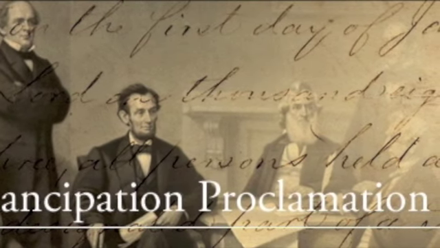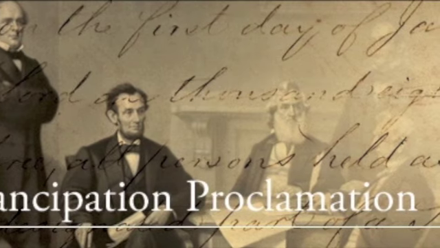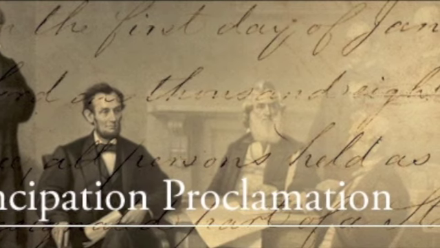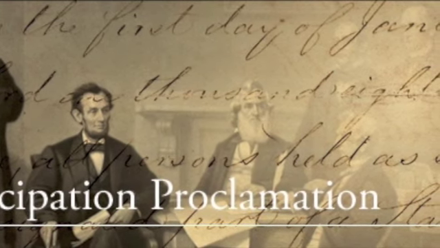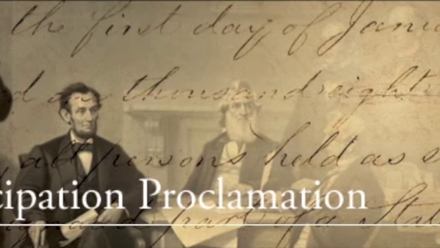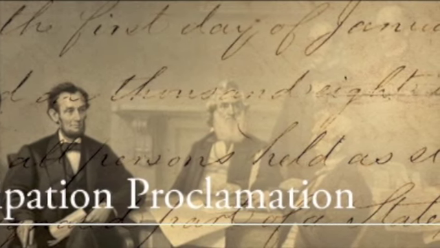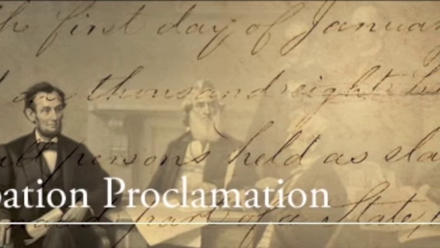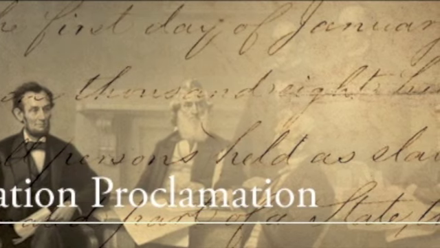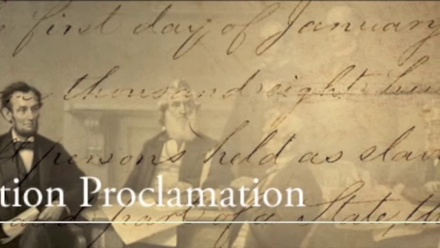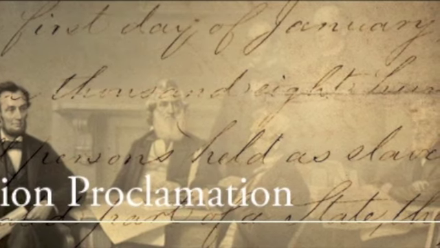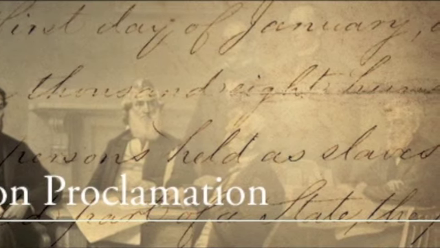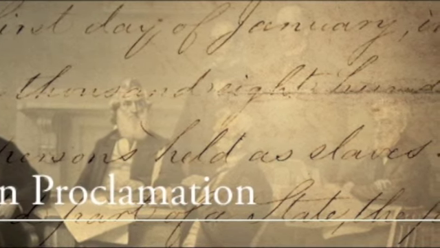Whereas, on the 22nd day of September in the year of our Lord 1862, a proclamation was issued by the President of the United States, containing among other things the following, to wit, that on the 1st day of January in the year of our Lord 1863, all persons held as slaves within any state or designated part of a state, the people whereof shall then be in rebellion against the United States, shall be then, thenceforward and forever free, and the executive government of the United States, including the military and naval authority thereof, will recognize and maintain the freedom of such persons.